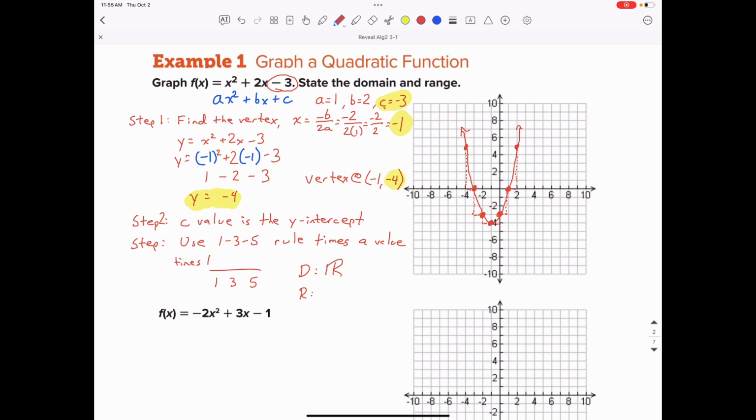So the range is going to be, in this case, y is greater than or equal to negative 4, because negative 4 on the vertex was the lowest point, which means the rest of the graph is above it. So the range has to be larger than negative 4, hence y is greater than or equal to negative 4. So that is the full way to graph it in 3 easy steps.